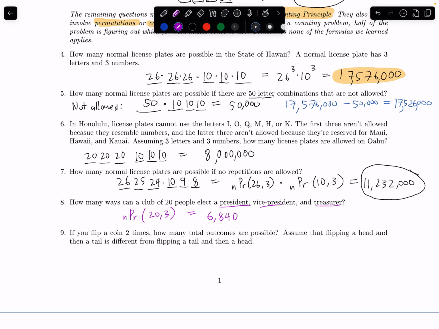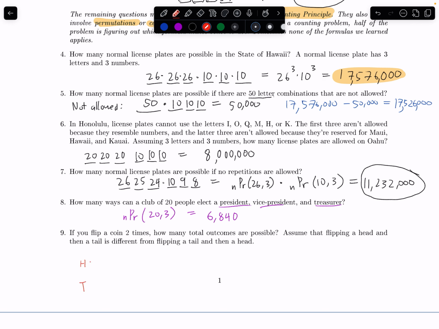All right, one more for this video. Number 9, you flip a coin 2 times. How many outcomes are possible? Assume that flipping a head and then a tail is different from flipping a tail and then a head. Okay, this is an FCP question, and I can illustrate this with a tree diagram. I could have a head or a tail.